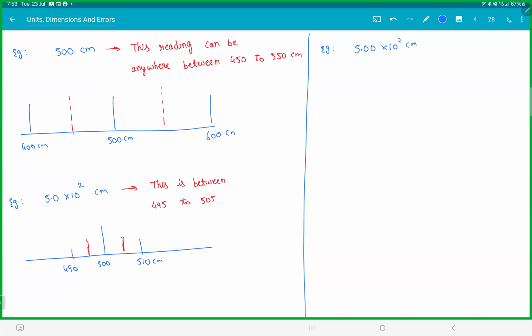So people said, let's have a common convention. Just looking at the decimal, the other person should be able to tell what kind of scale you used. So when you say 5.00 into 10 square, I will assume you used a scale which is 500 and the next division is 501. Is that making sense? Meaning this reading can be anywhere between 499.5 to 500.5. Now I'm more assured.